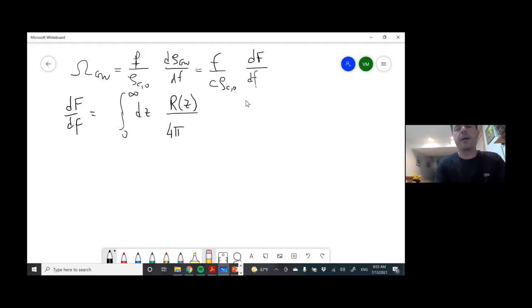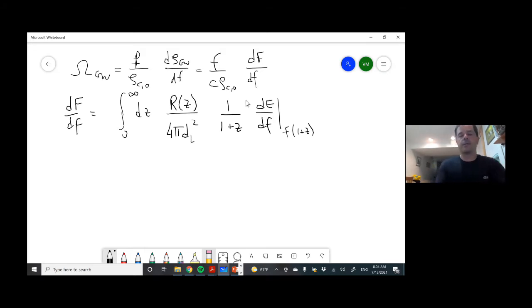We have to divide by the area corresponding to the distance at which the sources are sitting. So dL here is the luminosity distance. And then we had the factor of 1 over 1 plus z to account for the energy reduction in gravitons as they travel. And then finally, the dE/df, which is evaluated at the frequency at the source, which is f times 1 plus z, right?